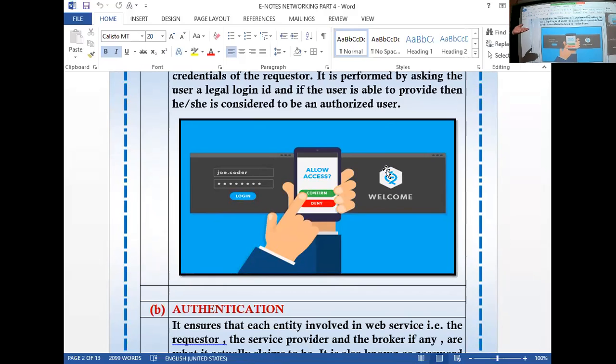In the case of authentication, the user will be asked to enter a proper password. When everything is matched, the service provider will decide whether to allow or deny the access. So this image represents authorization as well as authentication. Am I clear up till here, students?